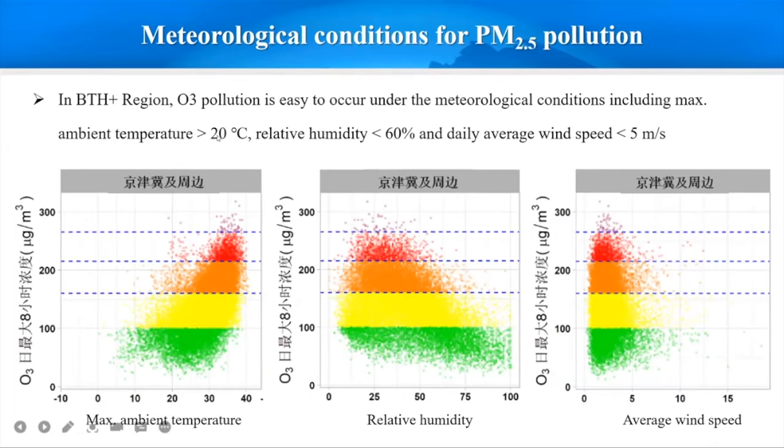parameters. In the BTH region, we can see that ozone pollution easily occurs under meteorological conditions including a maximum ambient temperature above 20 degrees C. In this chart, above 20 degrees C, we can see a lot of light pollution, medium pollution, and heavy pollution days.